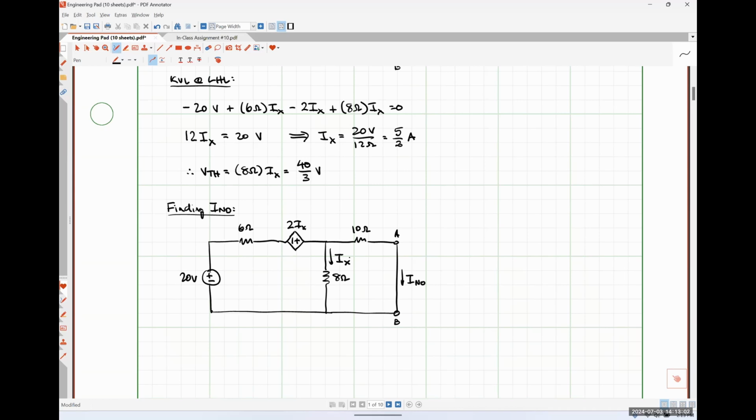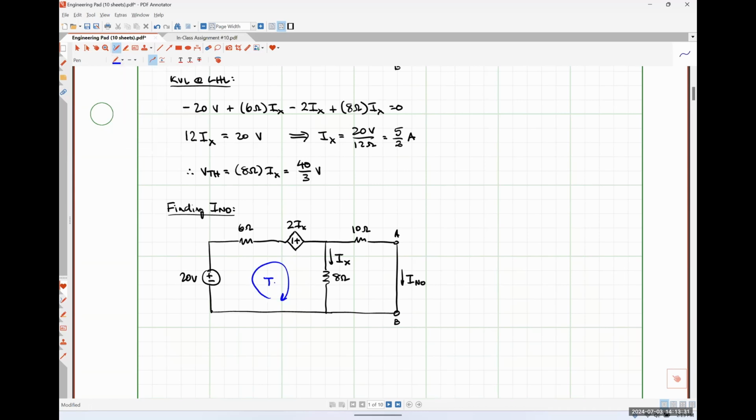I thought about combining the 10 ohm resistor and the 8 ohm resistor to find the voltage drop across those two elements because they're in parallel, and then dividing that voltage by 10 ohms to get our Norton current. But as soon as we combine those resistors, we would lose our controlling current IX, which would make it not a particularly good method. So mesh analysis seems like a pretty good method to use here.